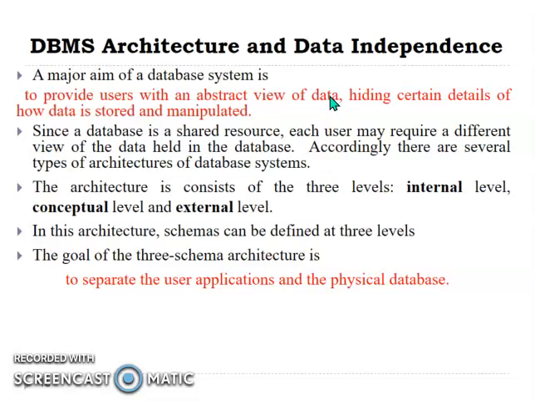That means if you have a lot of data stored in a database, rather than viewing all of it, you will view some important tables, some important rows of the table, and some abstract of the data. That means we hide certain details of how data is stored and how data is manipulated in a database system. This is the main aim of a database system.